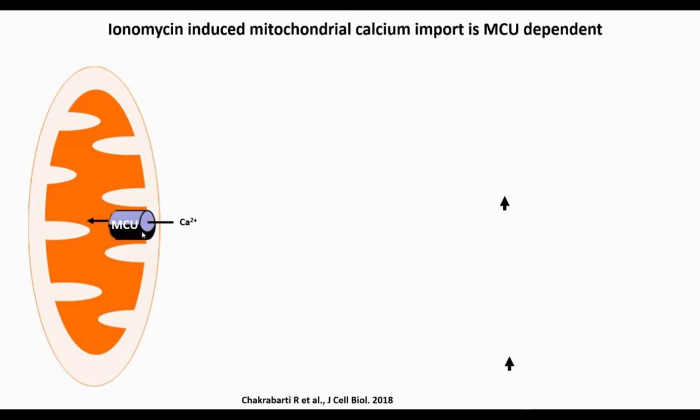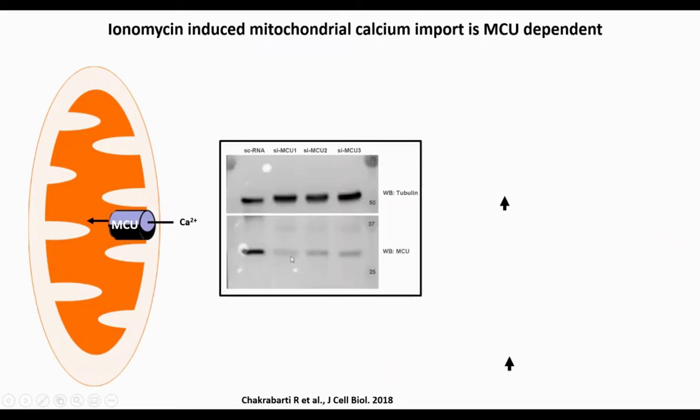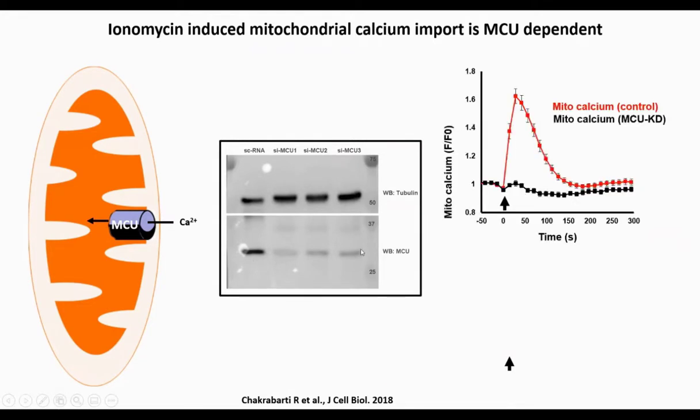So calcium comes into the matrix of the mitochondria through this calcium uniporter that's on the inner membrane. And 90% of the calcium comes in through this uniporter. And once you block this importer by doing siRNA-mediated knockdown, that you can see over here, what we saw is the mitochondrial calcium uptake in these MCU knockdown cells was severely reduced.